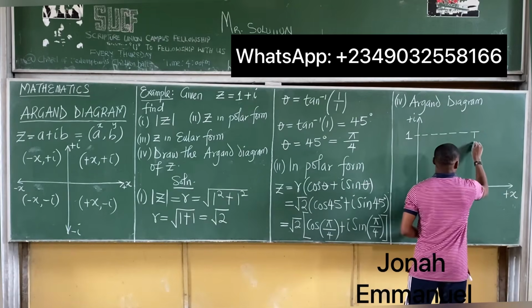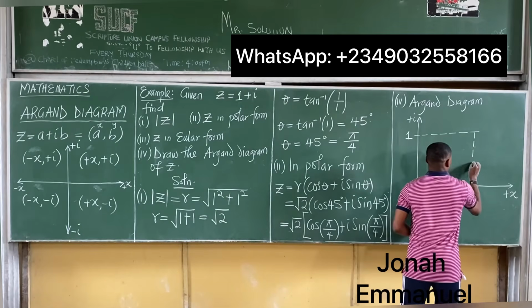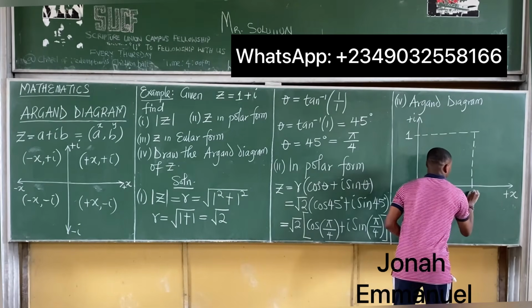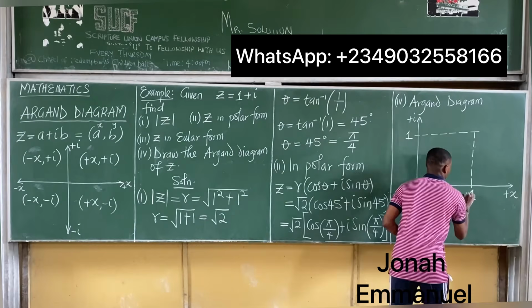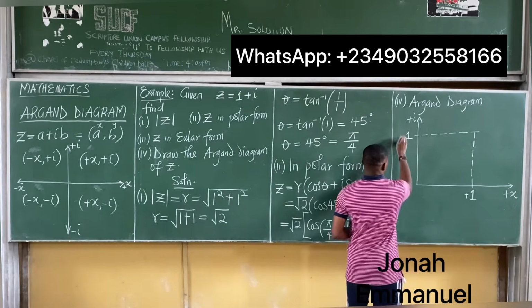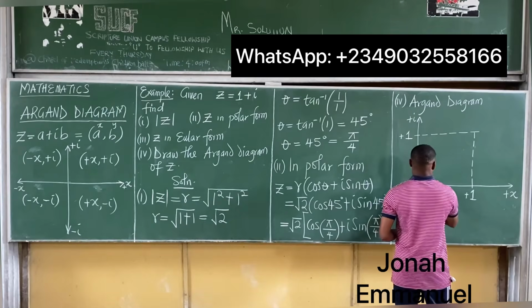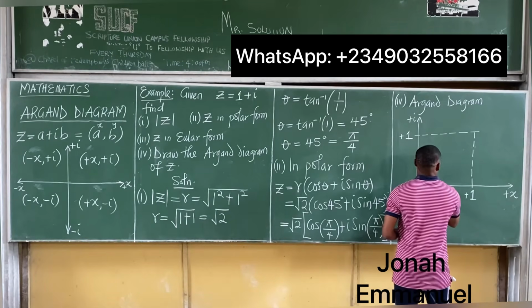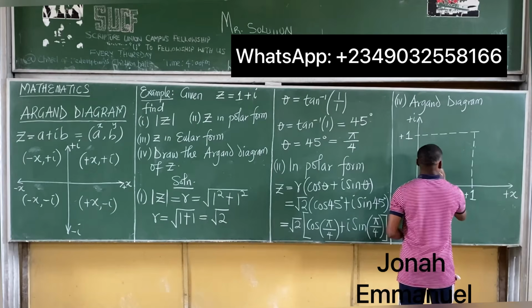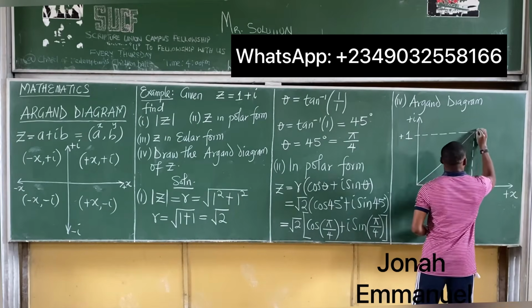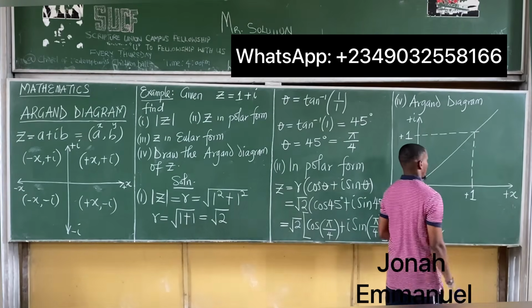Also, I have here positive 1. So positive 1, positive 1. All right, let's get a line running from here to that point there, something of this nature. So that's my thing there.